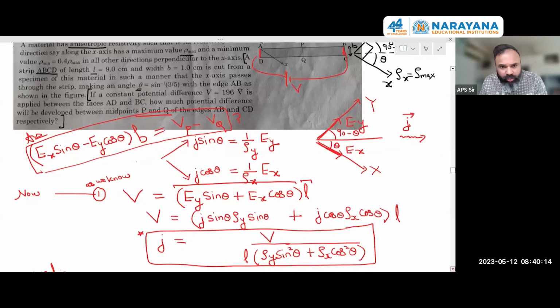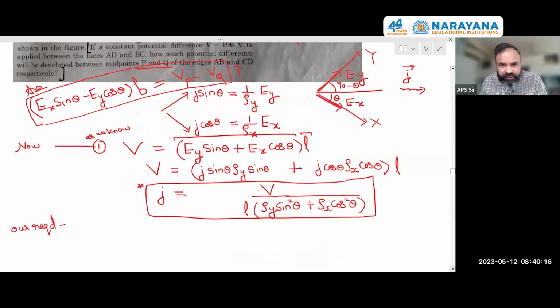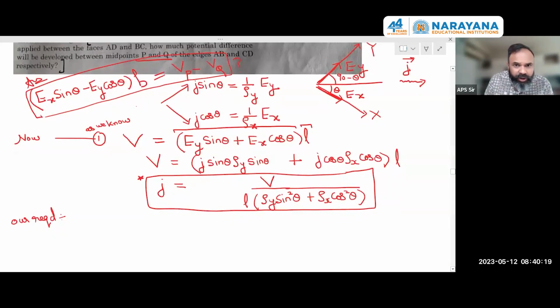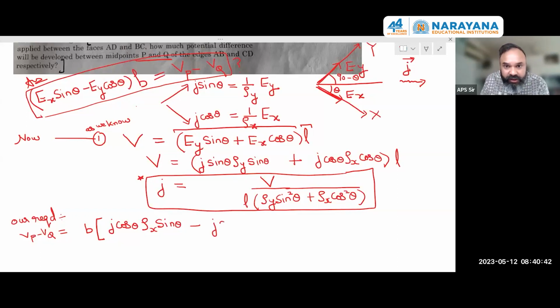Now let me try to write the expression which is desired. Our requirement Vp minus Vq can be written as B into, now I need the Ex sin theta term. So Ex can be written as J cos theta rho x, sin theta, minus Ey cos theta, and Ey is J sin theta rho y into cos theta.